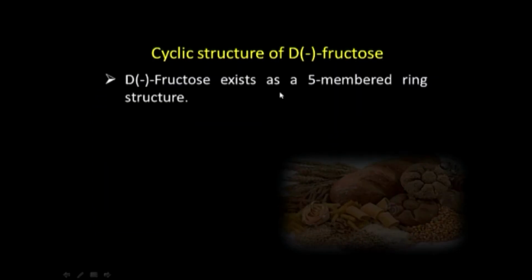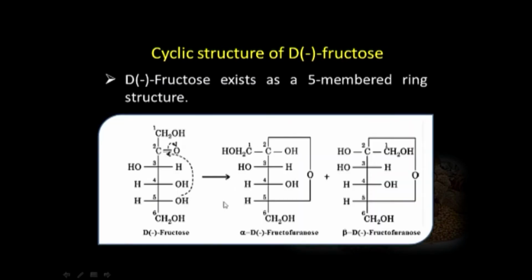Then D minus fructose has been found ultimately to exist as a 5 membered ring structure, which is also formed by the cyclization of a hydroxyl from the chain with this carbonyl group, and again 2 anomers are possible. When the hydroxyl is written on the right side, because it is a sugar of the D series, we call it the alpha anomer, and its name becomes alpha D minus fructofuranose.